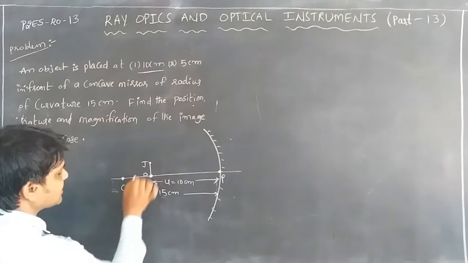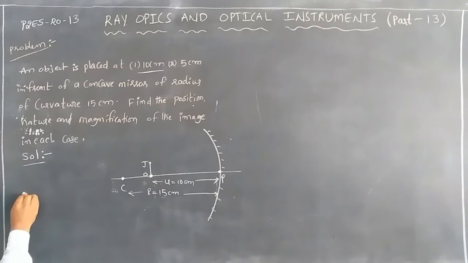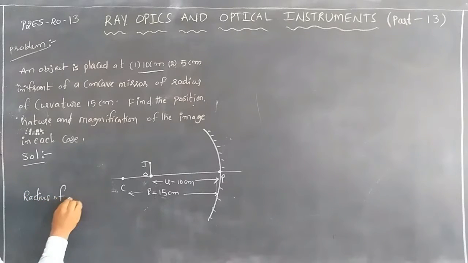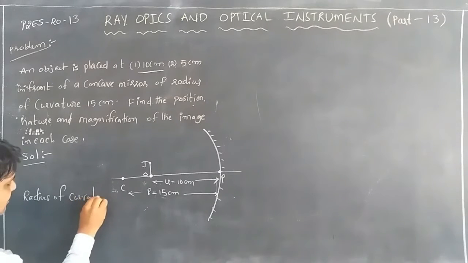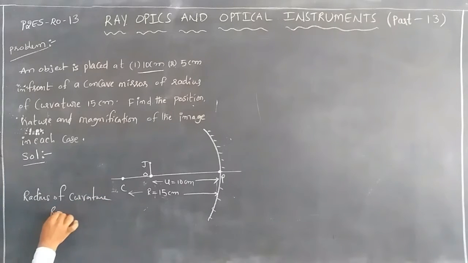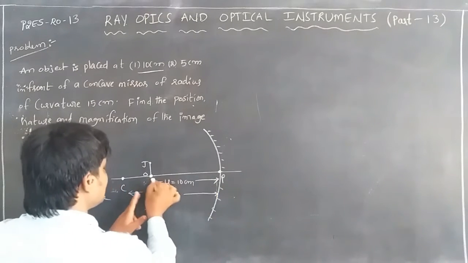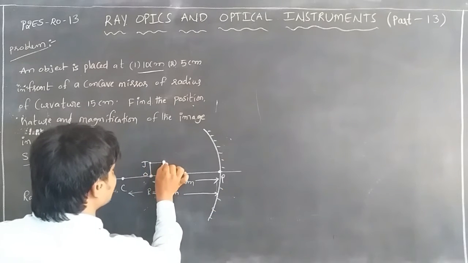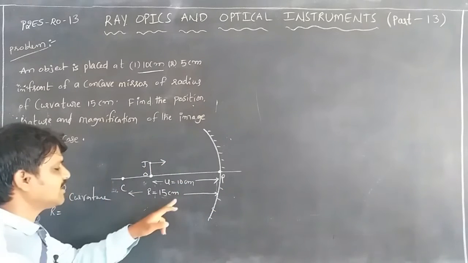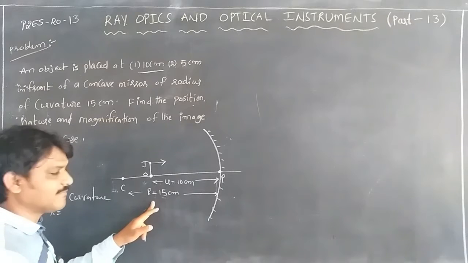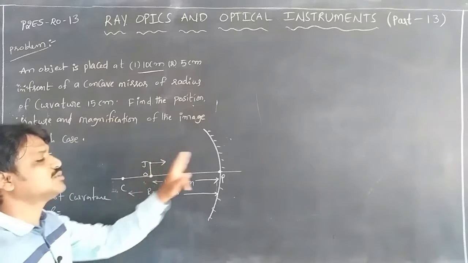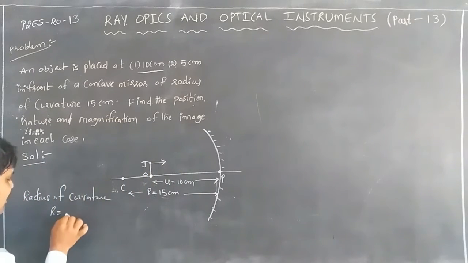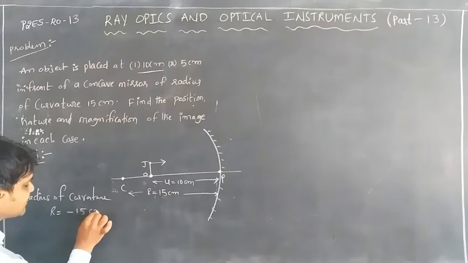We measure the radius of curvature from the pole to the left side. The direction of the incident ray is in this direction, so we measure the radius of curvature in the direction opposite to the incident light ray. So r is equal to minus 15 centimeters.